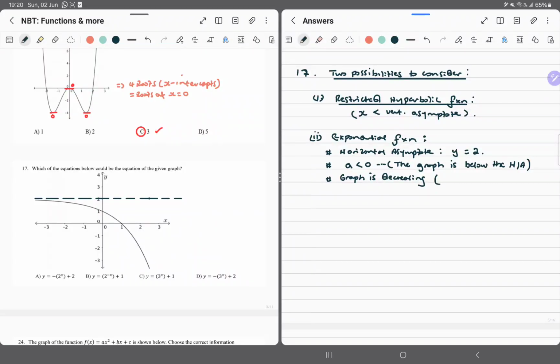If the graph is decreasing, it means here we've got the base of this graph, of the actual power, the base is greater than 1. Why? Because the combination of the two ticks the boxes for that description. The decreasing nature of this graph is given by an a value of less than 0 and a base of our exponential expression that is greater than 1.